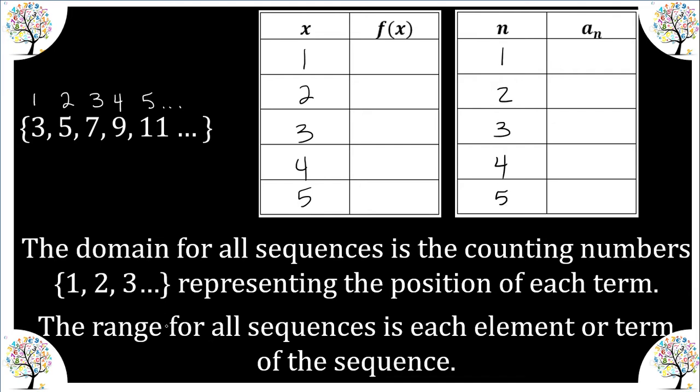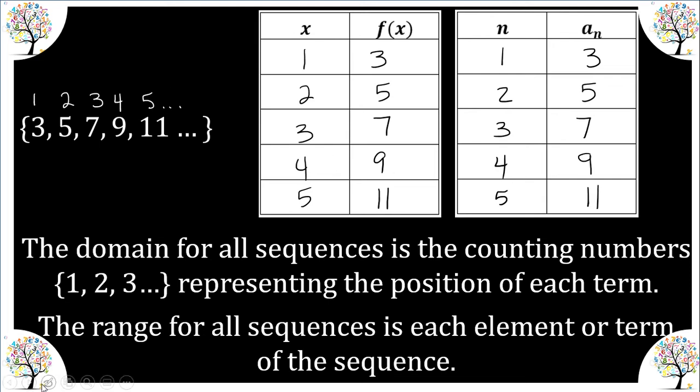Now the range of all sequences is each element or each term of the sequence. So the sequence terms themselves are the output. But instead of f of x or y, we use a sub n. So here are the outputs.